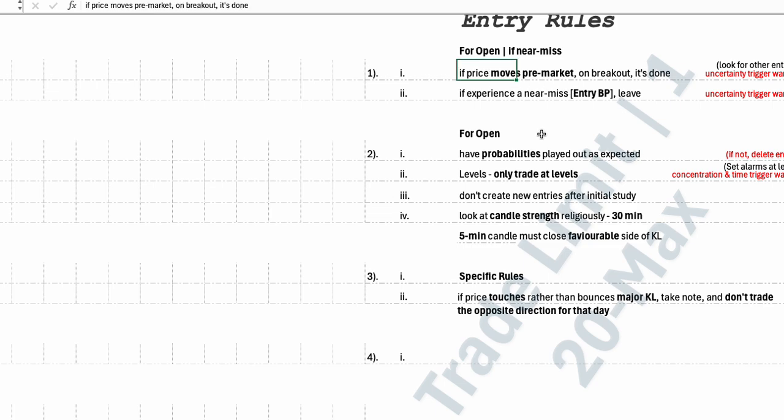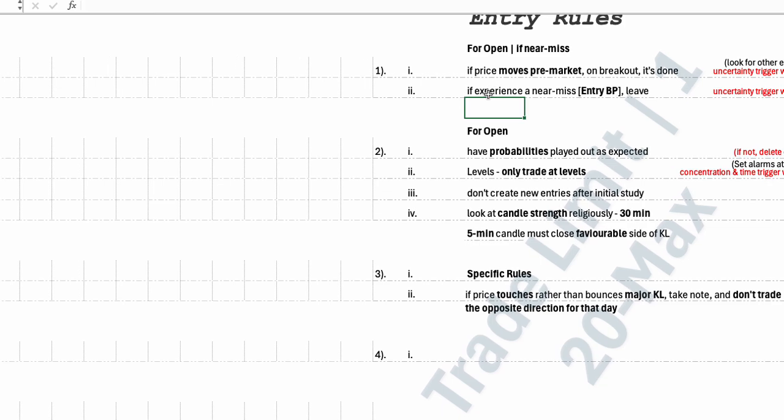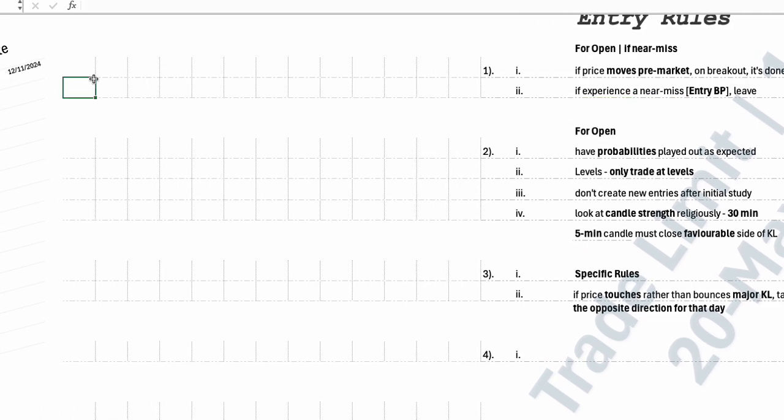So that's a little bit relevant if you experience a near miss. So basically, it's on a bounce play, and the price bounces, and we miss the entry. That can raise uncertainty, and it's a near miss as well, which is a dopamine trigger. So we'll basically mark that and leave.